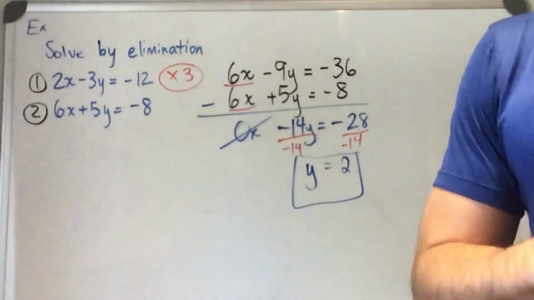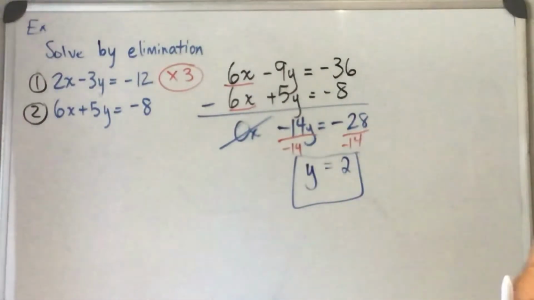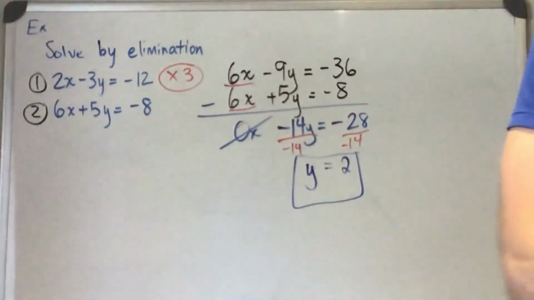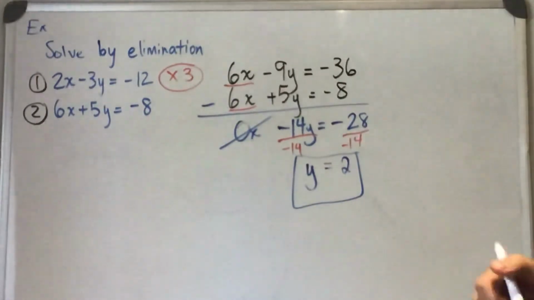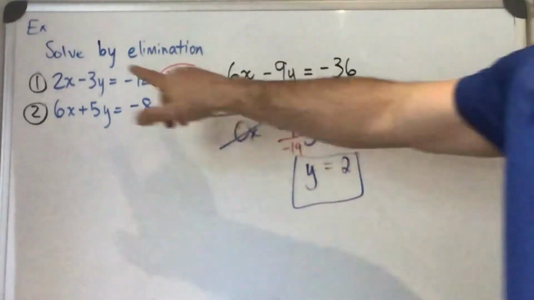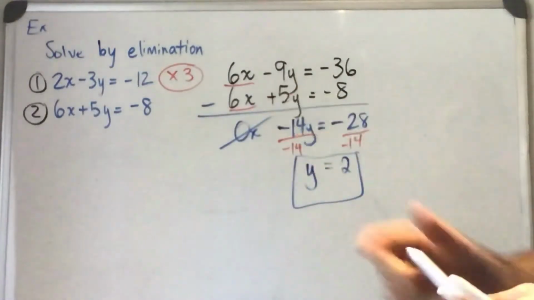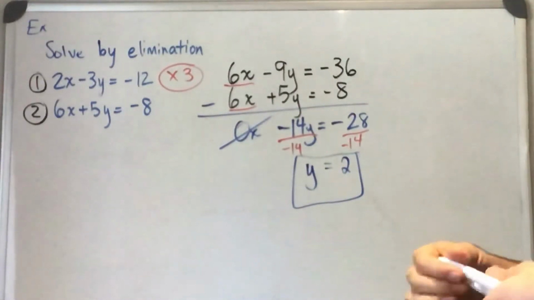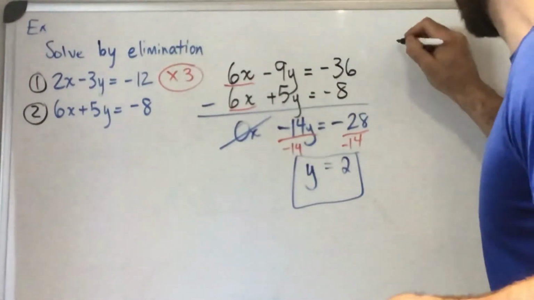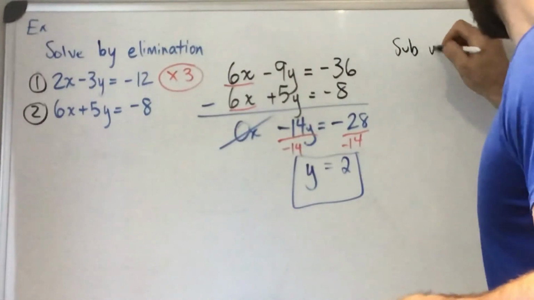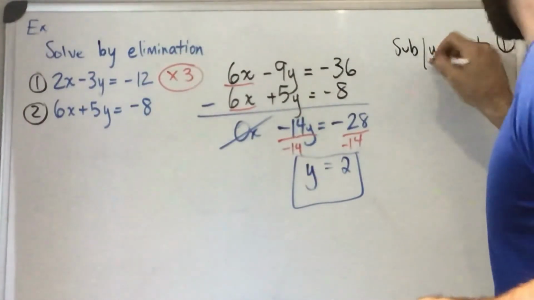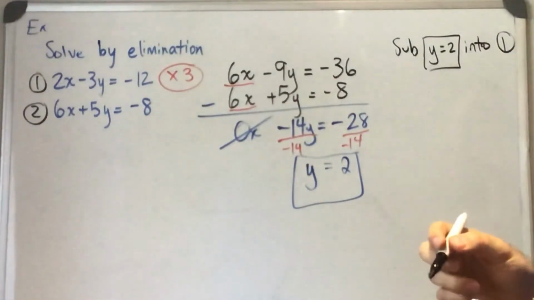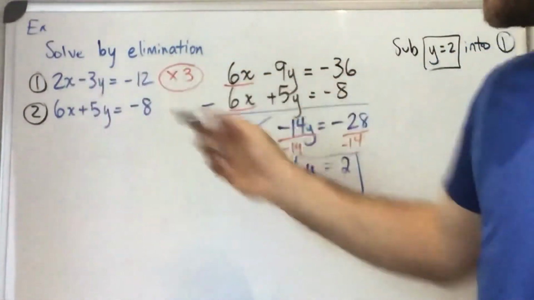All right, pretty quick. We're not done. Remember, just like the other two methods, we're not done until we have an x and a y. So I'm looking at these two equations, and I'm going to take y equals 2 and use our first equation, only because I like these small numbers.